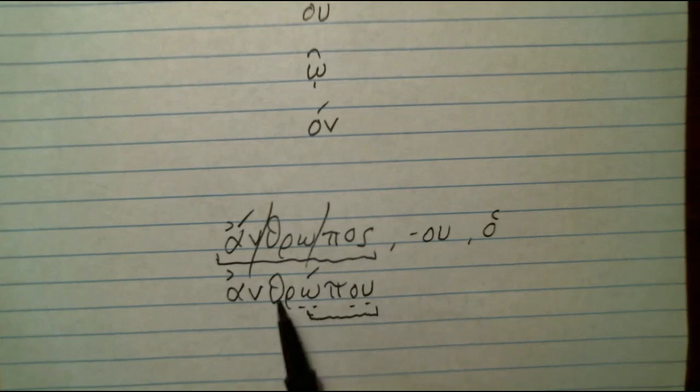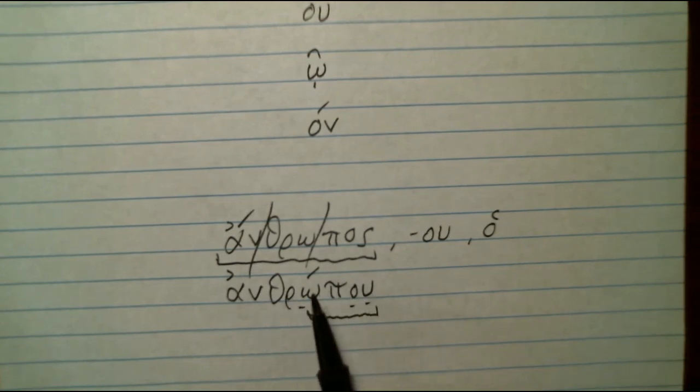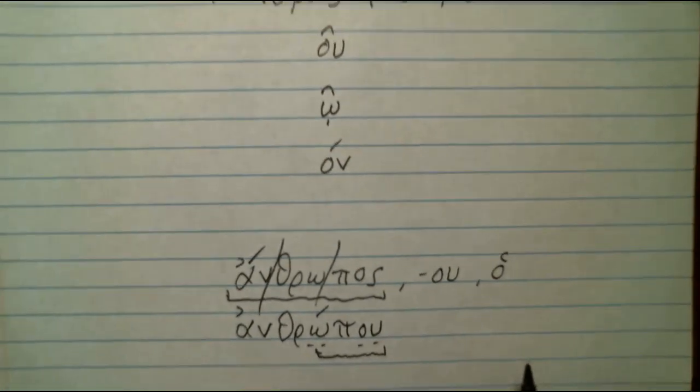It just sounds funny to have that accent at the beginning with so many mores left in the word, right? So Greeks don't like more than three mores at the end of the word, right? So that's why the accent moves forward in that case for the genitive in anthropou.